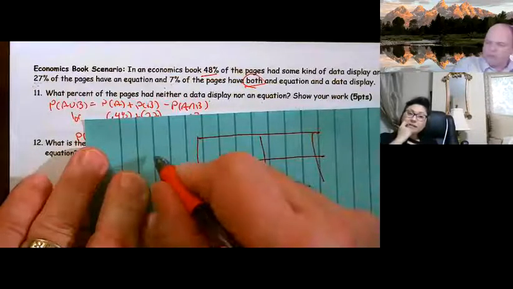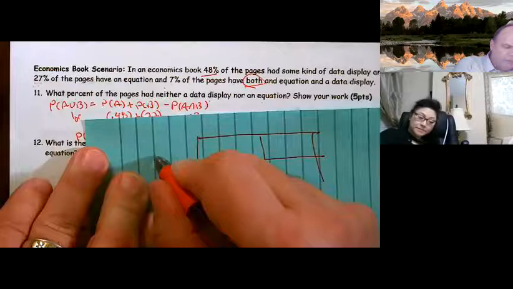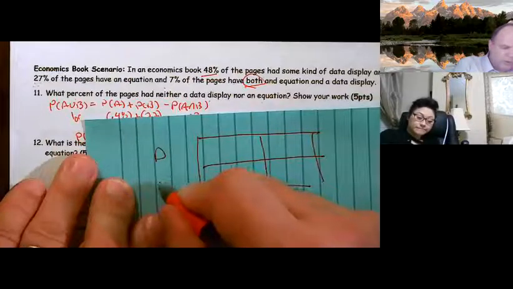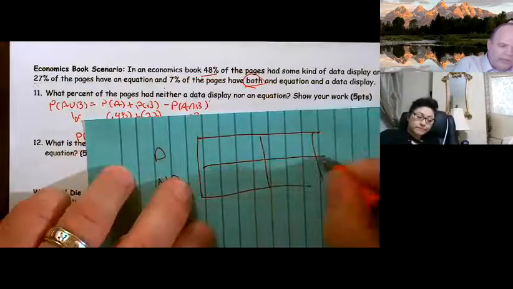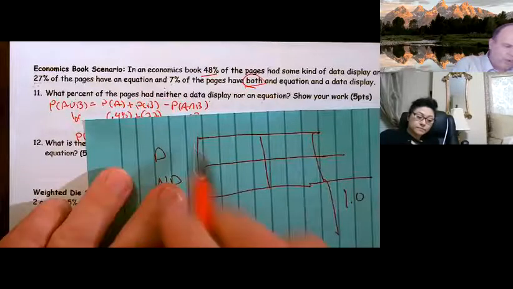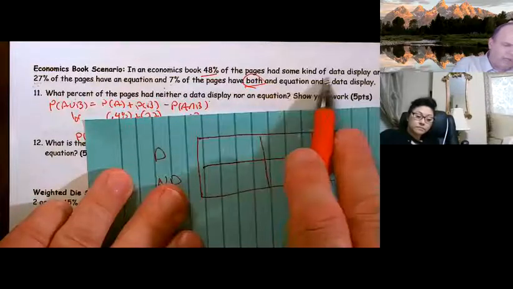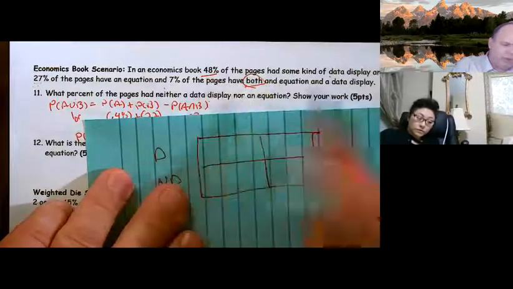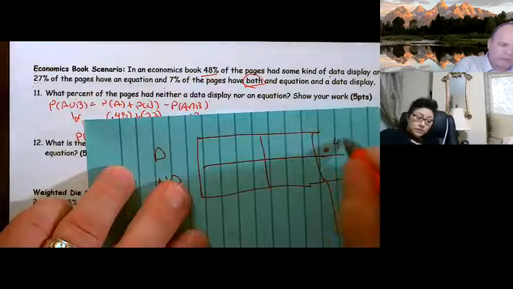So we have data, no data, and a data display shows up 48%, so 0.48.